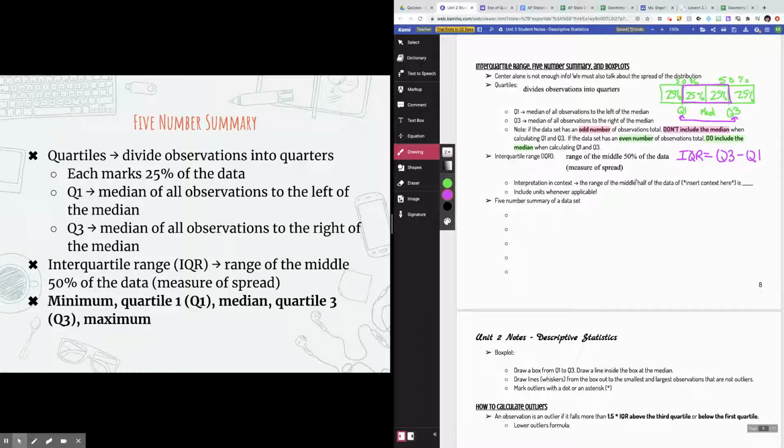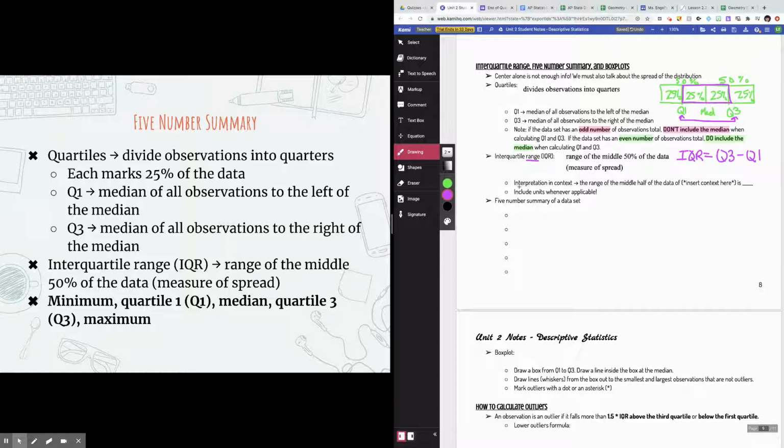And so it's a measure of spread. It is a type of range, just a more specific type of range, because normally most of your data is clustered towards the middle of the distribution, and then it kind of peters off on the edges. So IQR is usually a better description of spread if you have the ability to calculate it.